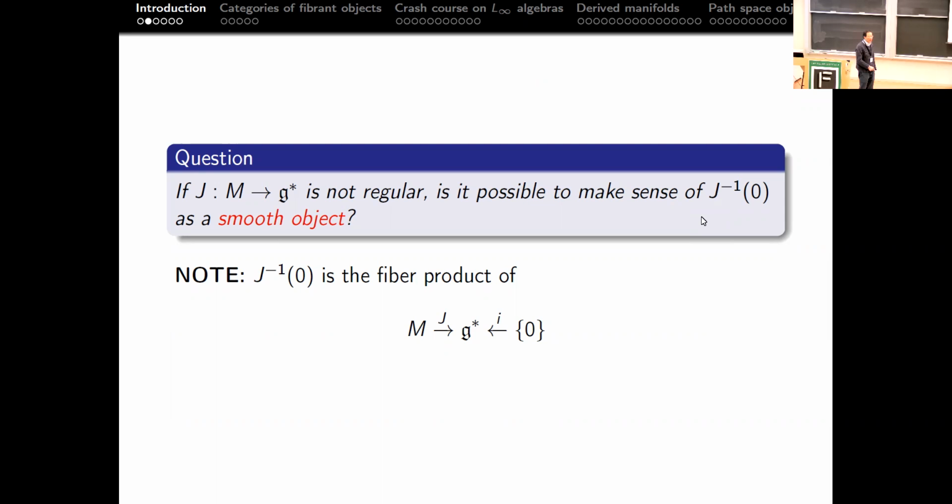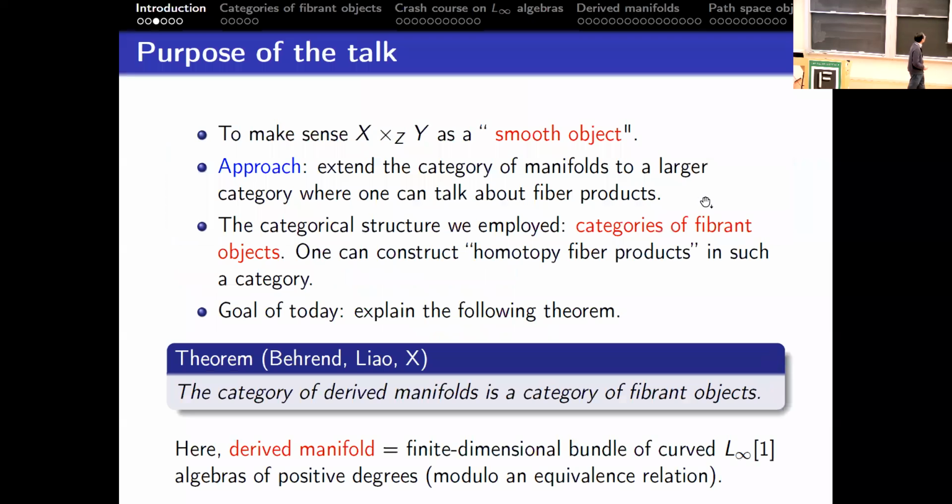One thing we notice is that J inverse 0 is just a fiber product, right? Fiber product with this point going to 0 and this. So the general talk, what I'm going to do today, is try to make sense of what a fiber product is for arbitrary X, Y, Z. Is there any way to make sense of this to be smooth?